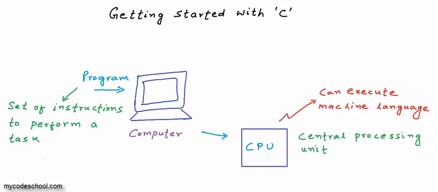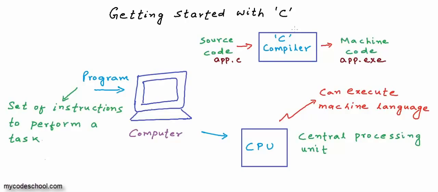But fortunately, we can write our program in what we call a high-level language like C, and another program, a utility program named compiler, would convert the source program, or what we also call the source code in high-level language, to target machine code or program in machine language. Compilation is the process of creating an executable file.